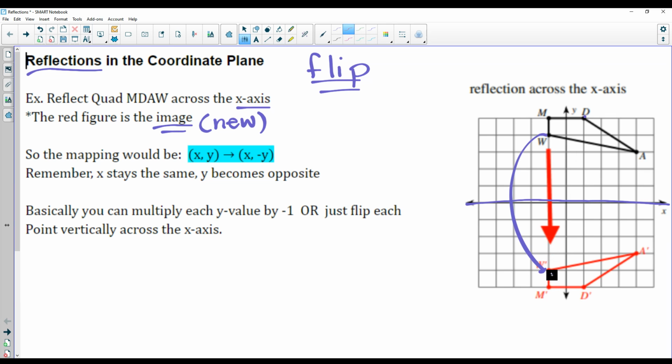Don't let this arrow deceive you here. It's flipped down. It is not shifted. If we shifted this, we would count 1, 2, 3, 4, 5, 6, 7, 8 units down. So that means that M should have gone 8, but it didn't, okay? This shape, see how M comes up and across and down here is your point?